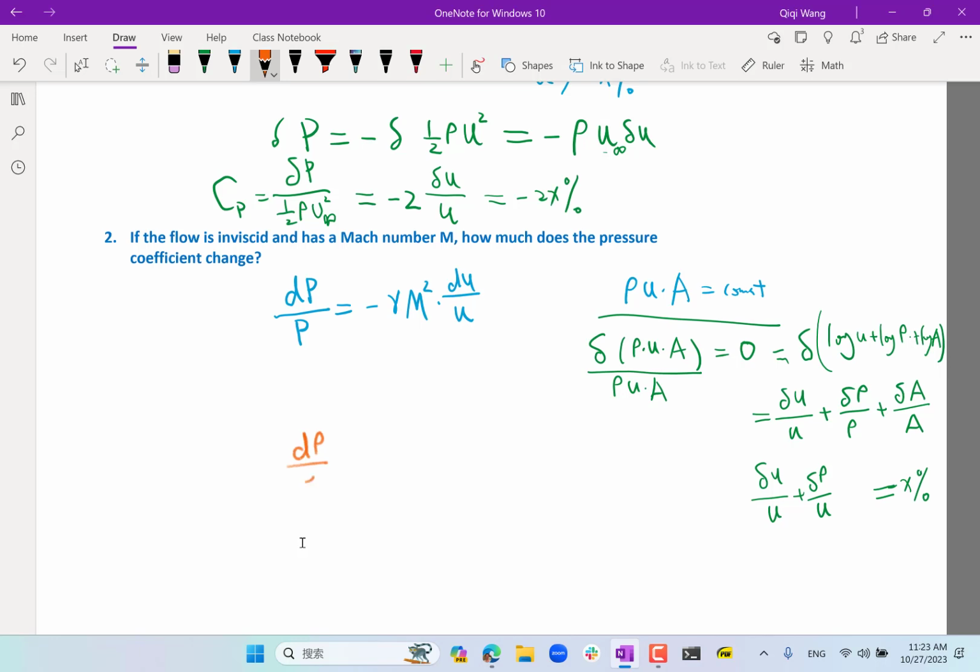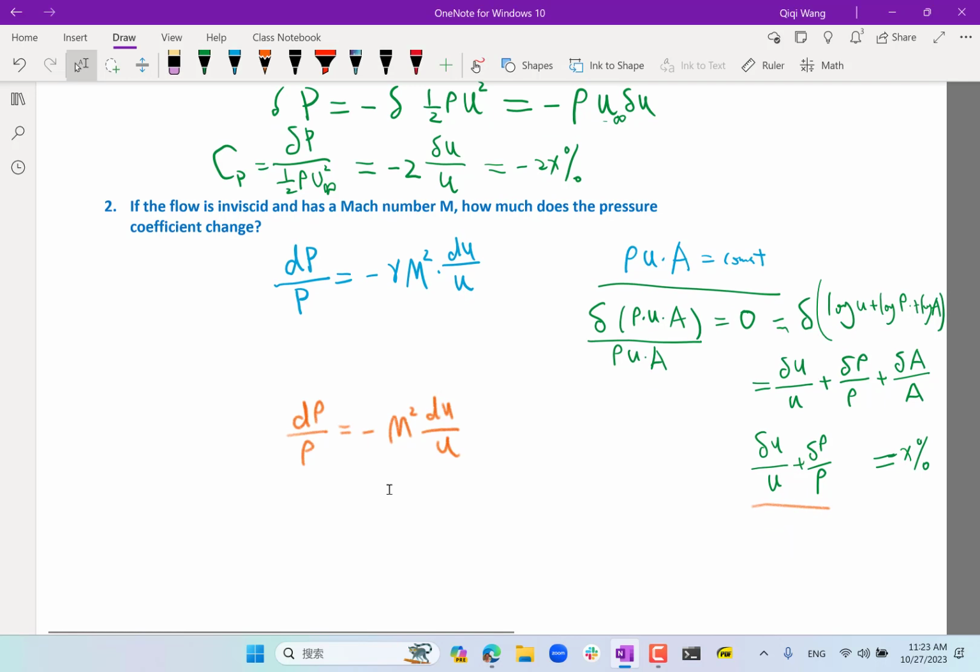So d rho over rho is equal to minus m squared times du over u. Sorry for the typo, this is d rho over rho, not d rho over u. So we can change this d rho over rho to minus Mach number squared times du over u, which means the left-hand side becomes 1 minus Mach number squared times du over u.